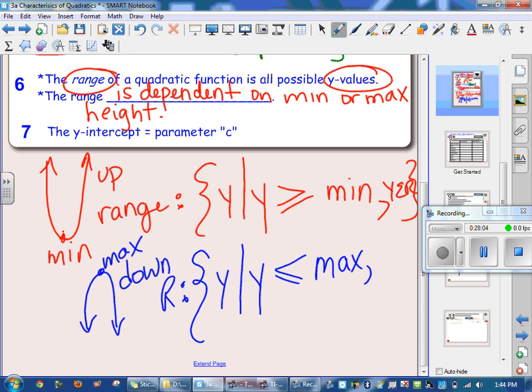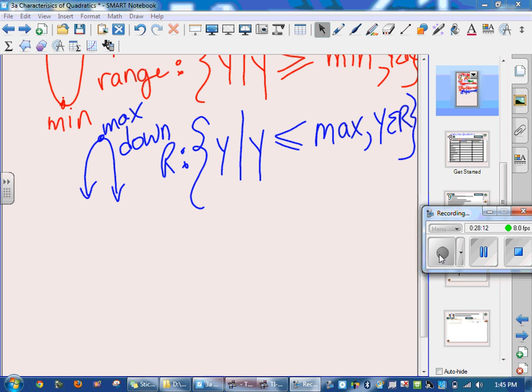Okay, good question. What happens if we have x ∈ R? Is it always x ∈ R for domain? Well, domain and range change the minute it's problem solving. Then we get boundaries. How come? Because if we look at our normal grid, we know that this is positive, positive, negative, positive, negative, negative, positive, negative. Problem solving, we only ever deal with positive values.